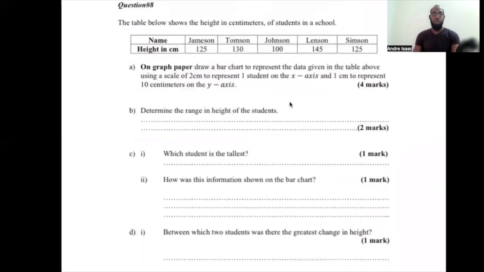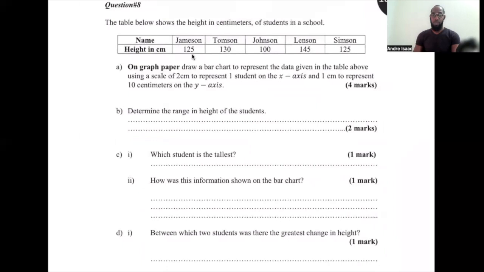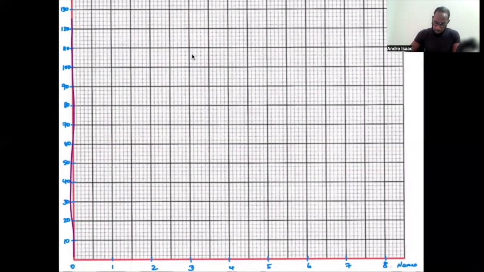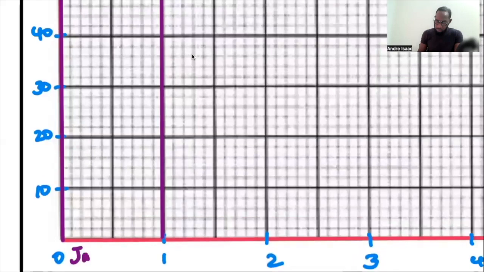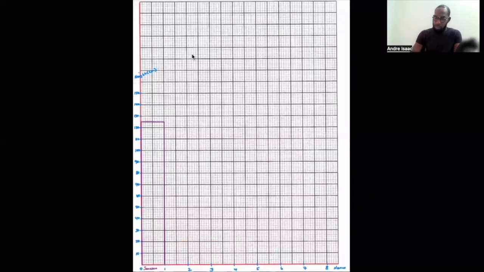The first one, Jameson, we're going up to 125. It's only 2 centimeters wide, and I'll skip 1 centimeter. So here's Jameson.